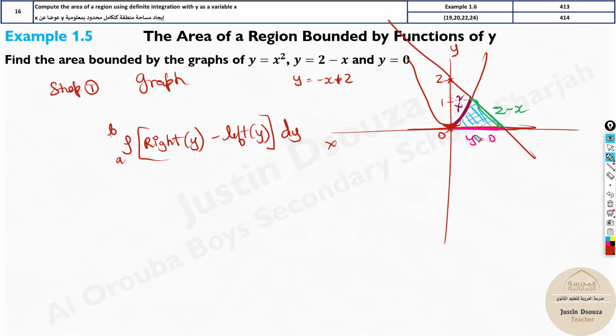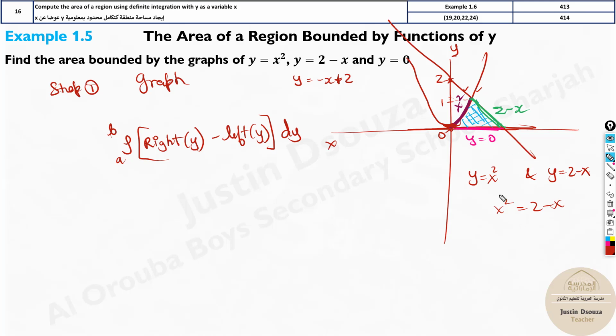No, how do we do that is, we need to see which are the two equations that touch over here. That's x squared and 2 minus x, right? Y is equal to x squared and y is equal to 2 minus x. Now if I equate them, like x squared is equal to 2 minus x, make y equal y and solve it, you will get the touching point, but you will get the x value.